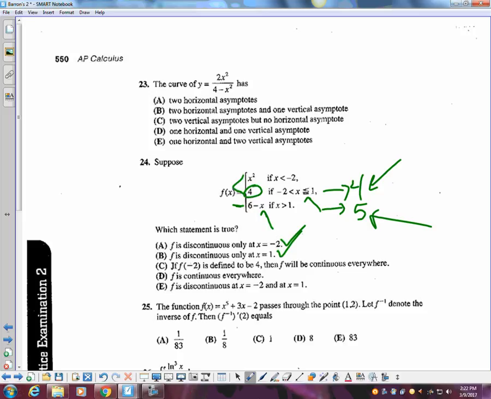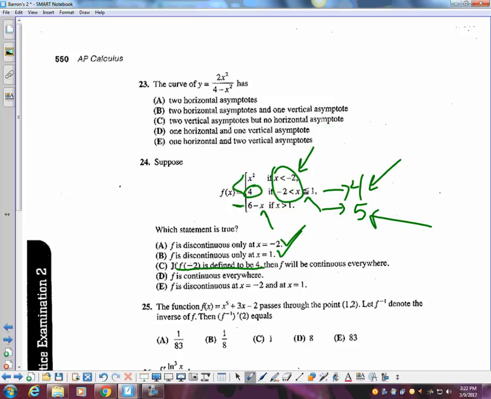It says C, if f of -2 is defined to be 4, then f will be continuous everywhere. What they're trying to do is say, okay, I see the fact that these two aren't going to connect. So if I define f of -2 to be 4, would that solve this problem?